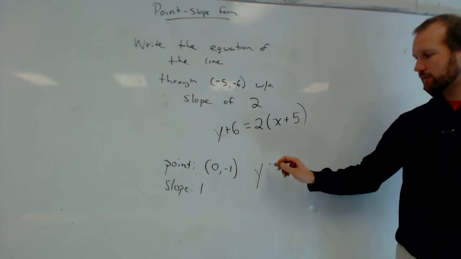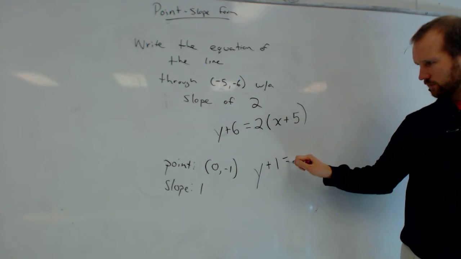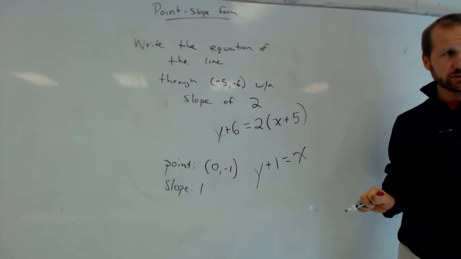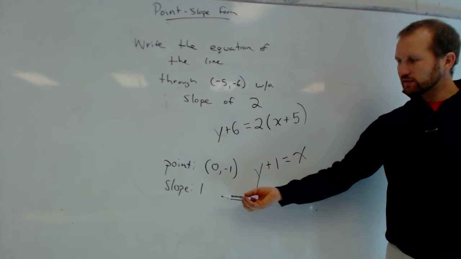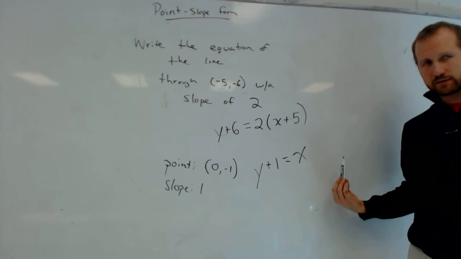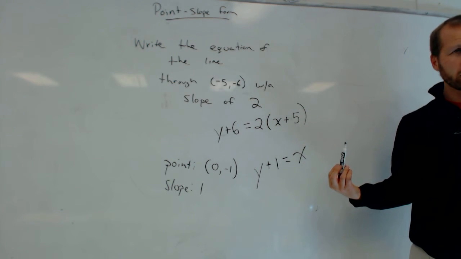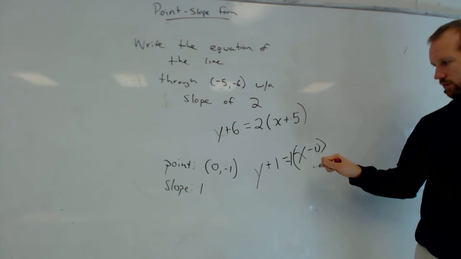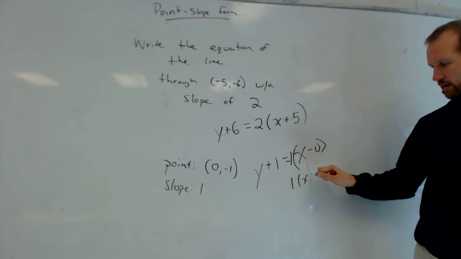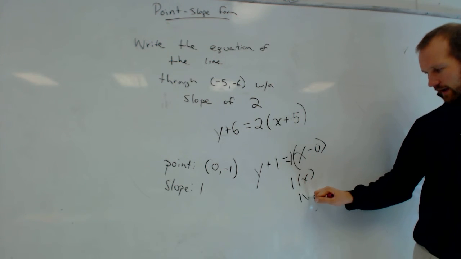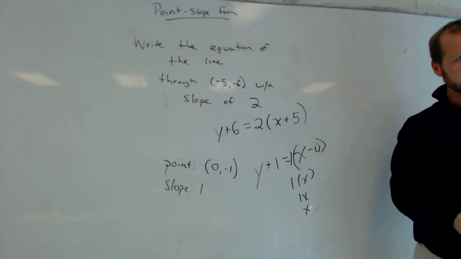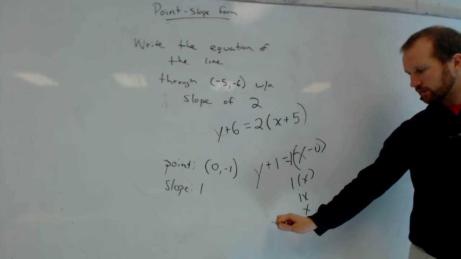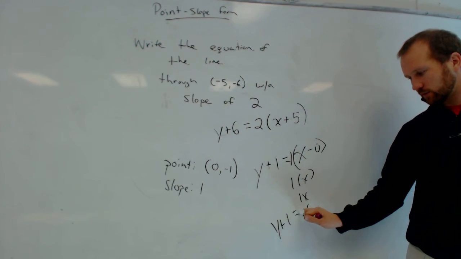Because we have a -1, equals just x. Because it's 1x minus 0. 1 times x minus 0 is just 1 times x, which is just x. So y plus 1 equals x.